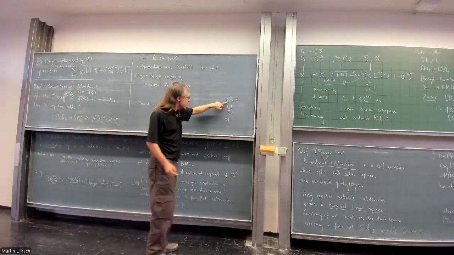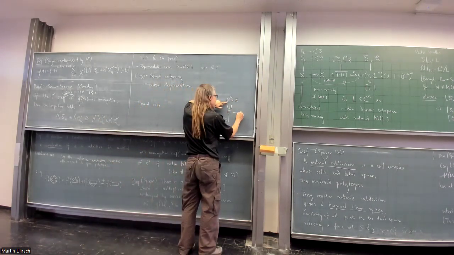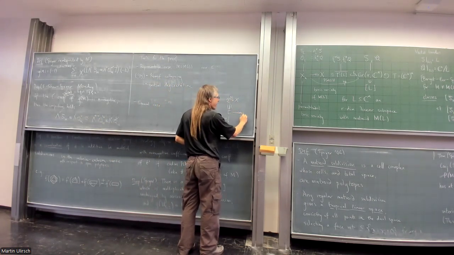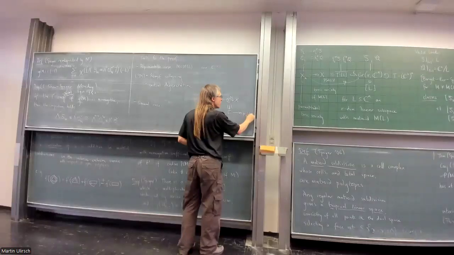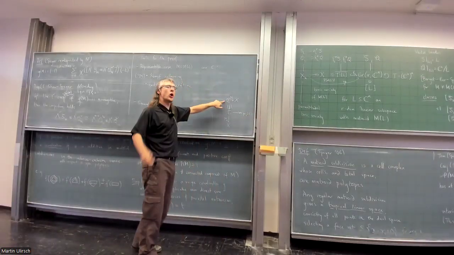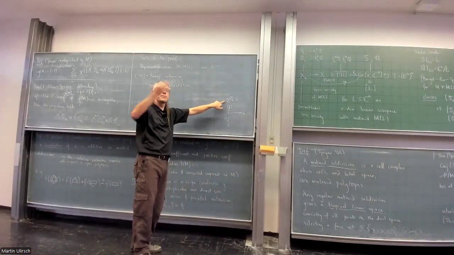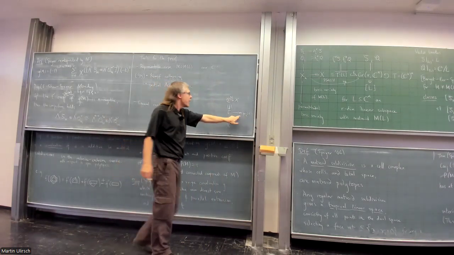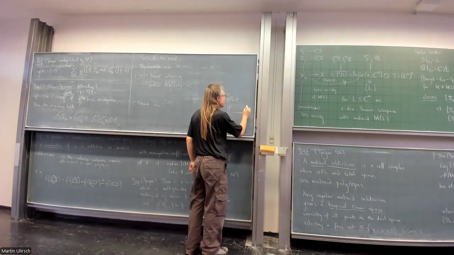And I can also project E onto the first coordinate. And if I look at the image of the first projection, projecting away from the base, the union of all of the fibers of E over all points of the base, this is the thing that is called the Kempf collapsing.